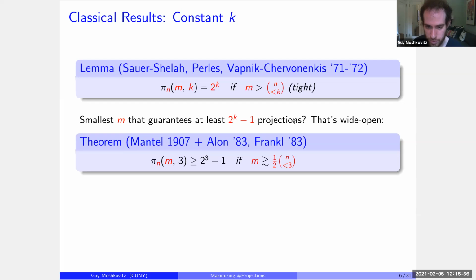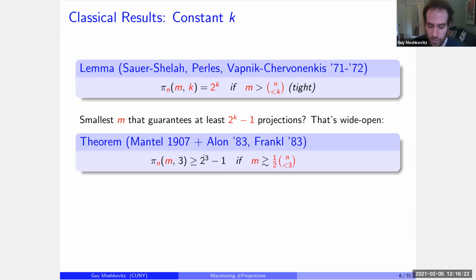Or if this matrix contains a vector, then it contains all the vectors obtained by removing ones and turning them into zeros. Okay, so that means that if you have a projection of 1, 1, 1 on some 3 coordinates, then you have all the projections below 1, 1, 1. Okay, so you will have all 8 projections.